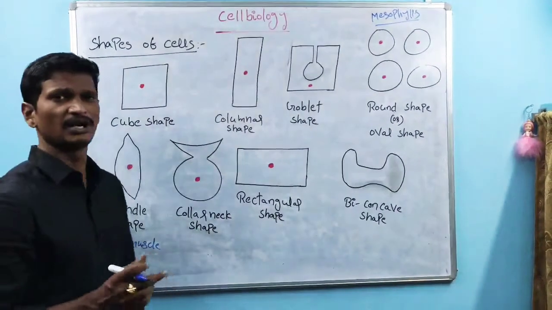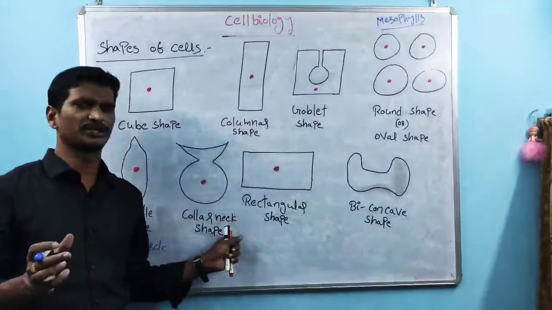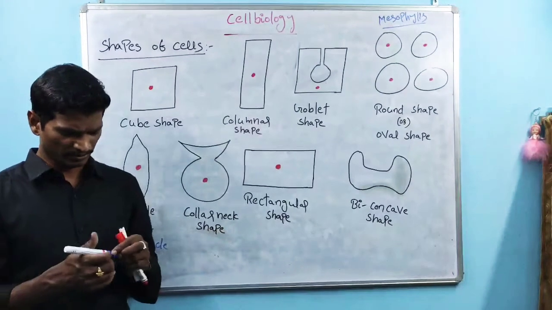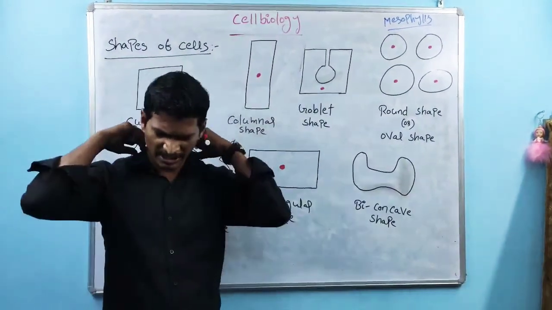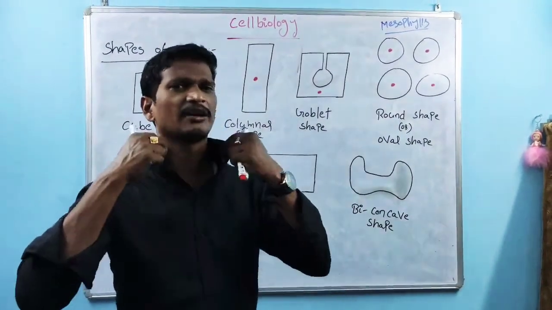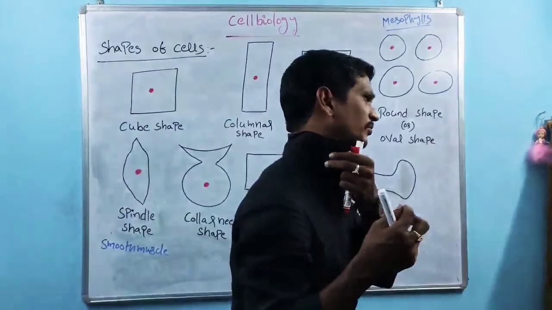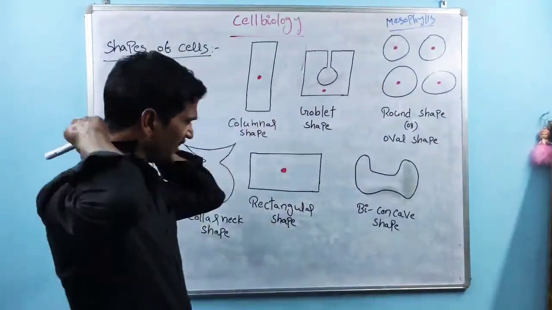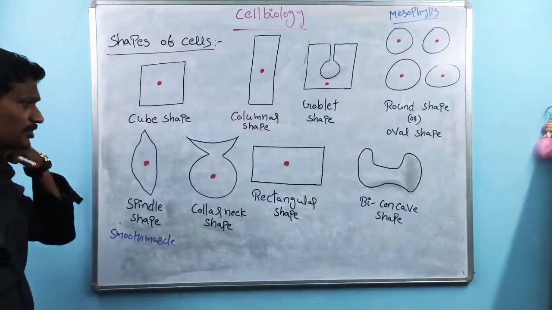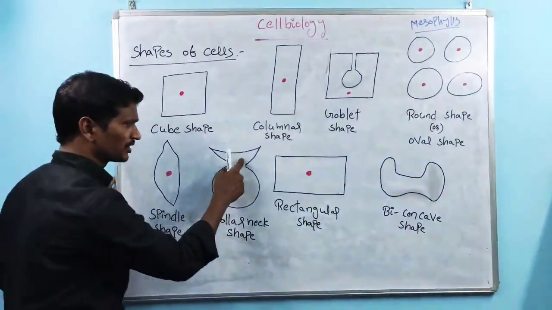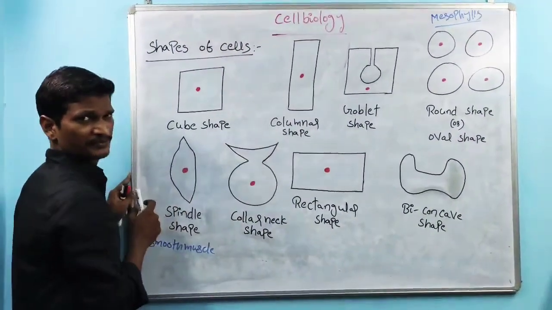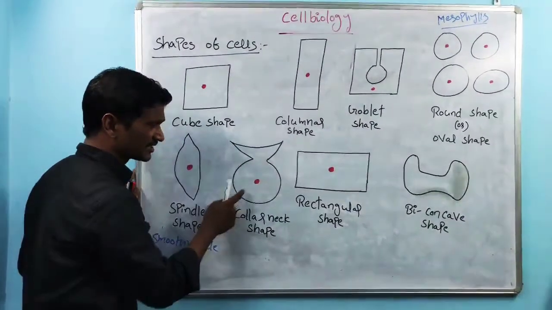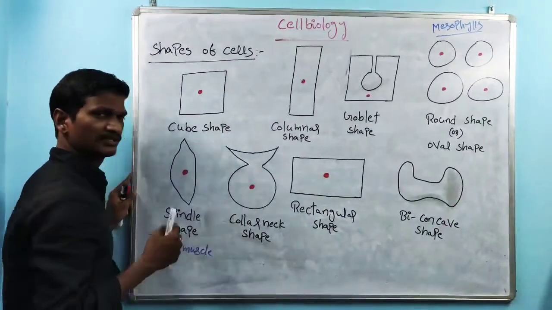And the next one is the collar neck shape. See, generally a shirt has a collar, and the collar has one particular shape. So here the cells at the top position have a collar shape. That's the reason these cells are called collar neck cells.